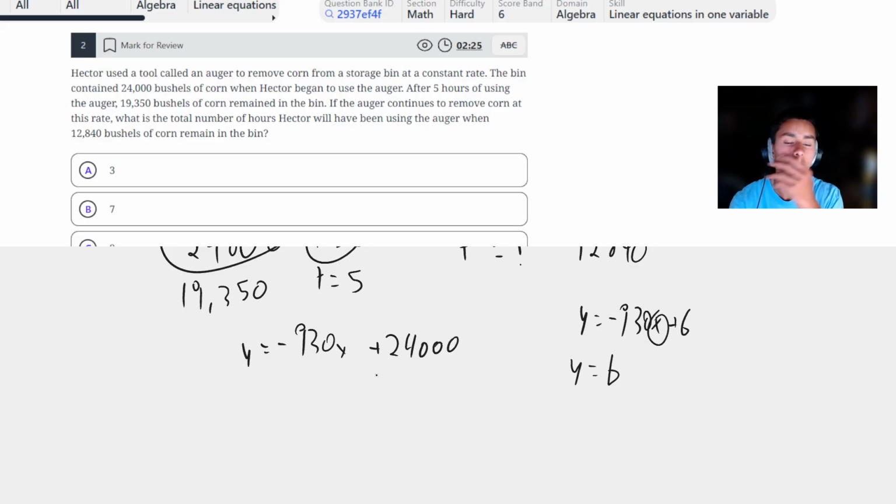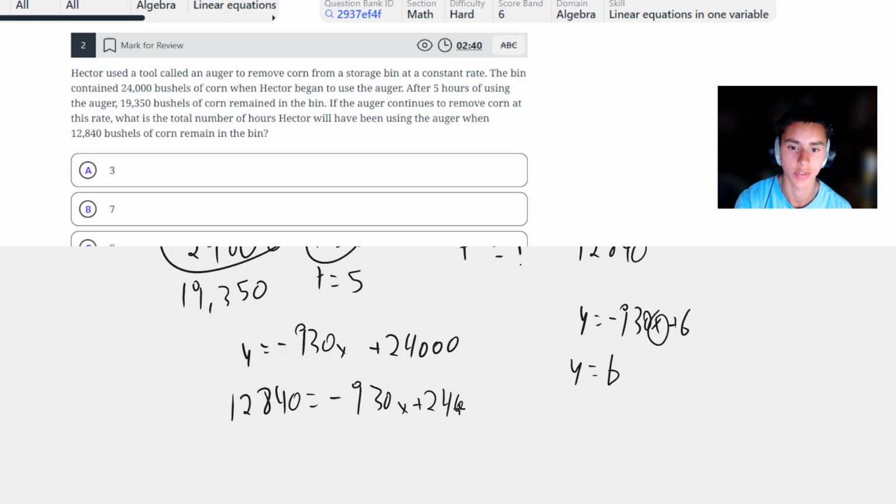And now we're looking for when y eventually reaches 12,840. What is that x value? What is the time value? So we just plug in 12,840 equals negative 930x plus 24,000. Now if we do 12,840 minus 24,000, it would be negative 11,160 equals negative 930x.